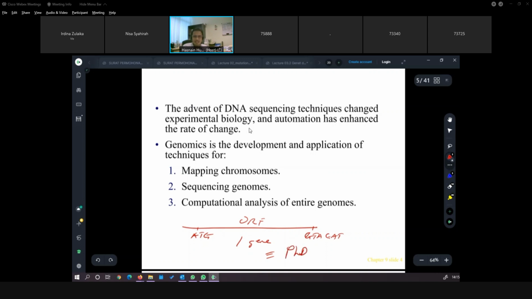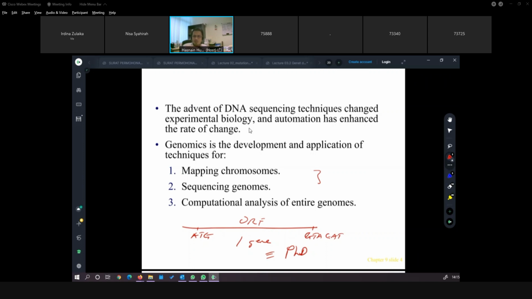Okay. And then during my time in the late 90s, as my own example, I studied three genes related to starch biosynthesis, plus the protein characterization from these genes. I got a PhD.